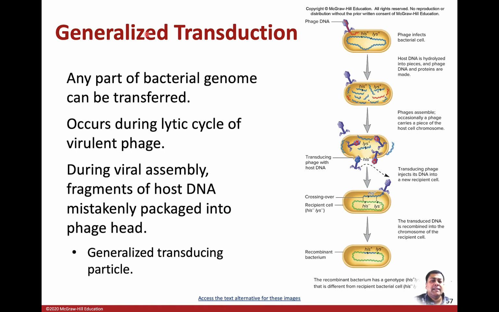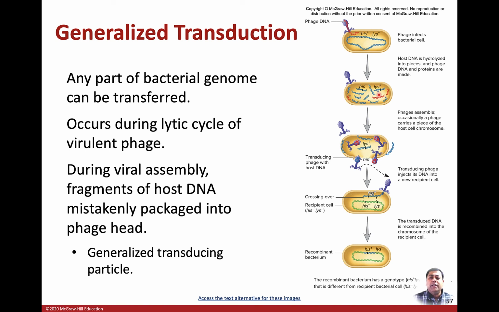look at the generalized transduction. This is the lytic cycle of the virulent phages. So here you have a bacterial chromosome, which is histidine positive and lysine positive. Histidine positive means that this bacteria can produce histidine and also can produce lysine. These are the two amino acids. Phage DNA is injected into the bacteria. Once the phage DNA comes inside the bacteria, it triggers some specific process where the host chromosomal DNA, or the bacterial chromosomal DNA, is chopped up into pieces.